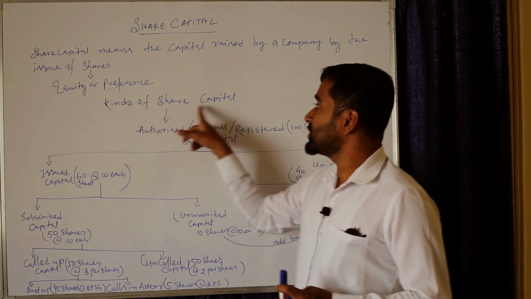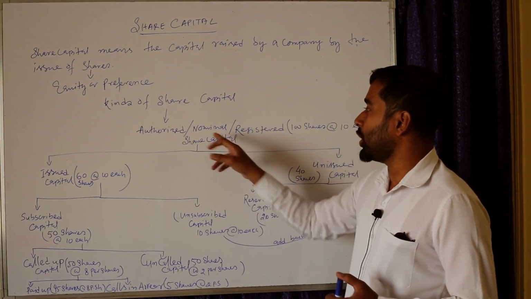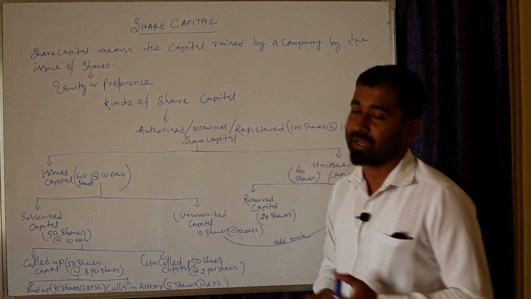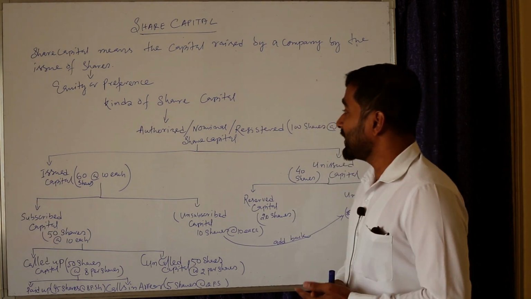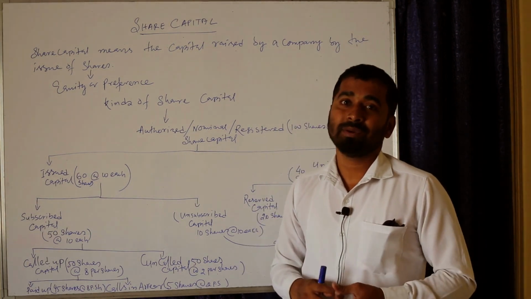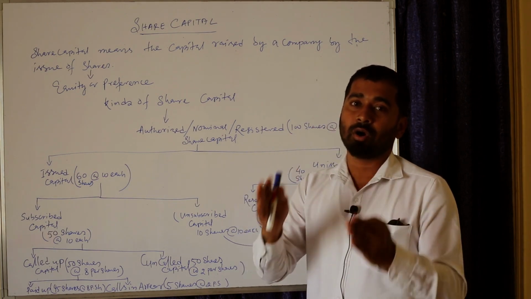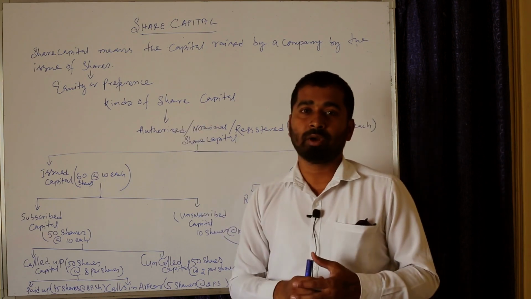Now, kinds of share capital. The first is authorized, or nominal, or registered share capital. As the name says, when the company first started, it mentioned some capital in the memorandum.